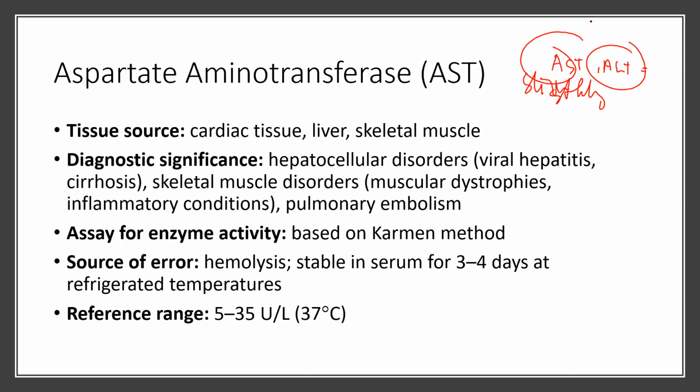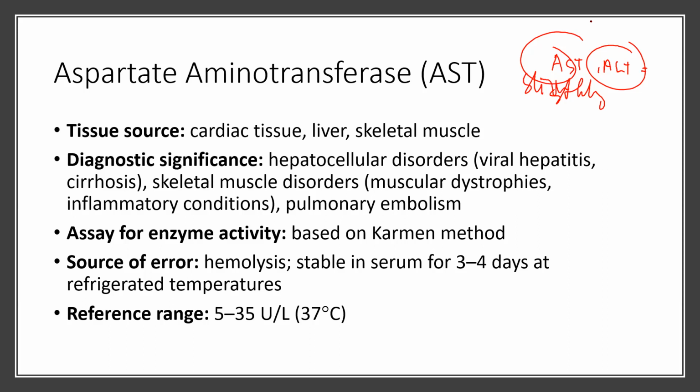Now, source of error: hemolysis. It is sometimes generalized for enzymes, but some enzymes have no problem with hemolysis. Still, it is important to remember that most enzymes do not accept hemolyzed samples. Why not? Because it will cause interference in the activity of the enzyme.